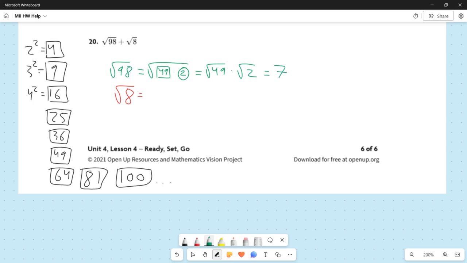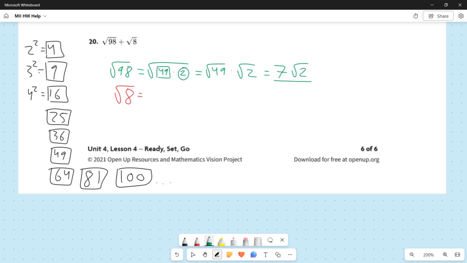It's an integer. It's a rational number, right? So root 49 simplifies to 7. And then this root 2 is still trapped under the square root. Can't really get out. So the square root of 98 simplifies to 7 root 2.